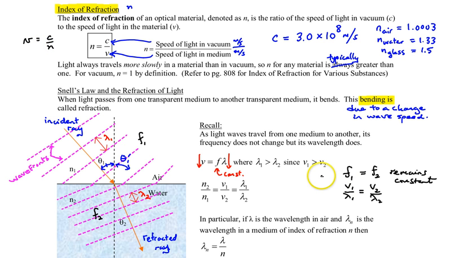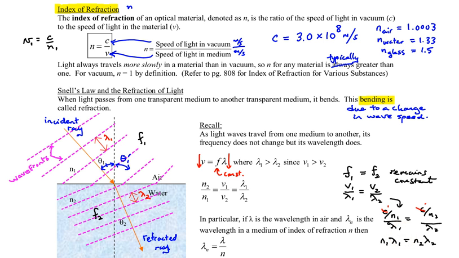So let's replace that in here. v1 would be c over n1, and v2 would be c over n2. So now this relationship becomes c over n1 divided by lambda 1 equals c over n2 divided by lambda 2. Then the constant c cancels out from both sides. And rearranging, we get n1 times lambda 1 equals n2 times lambda 2. And this is a really helpful relationship.